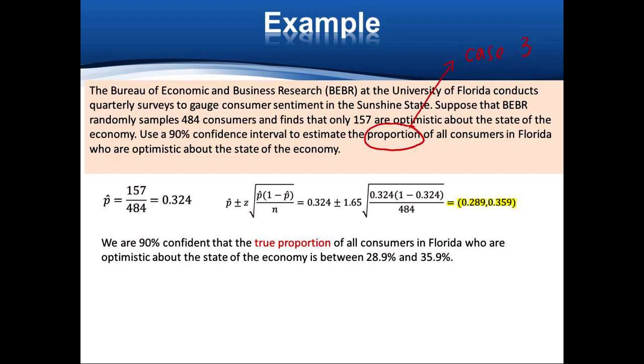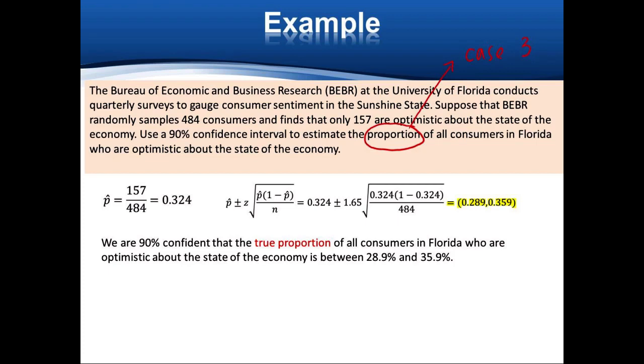Here is another example. The BEBR at the University of Florida conducts quarterly surveys to gauge consumer sentiment in the Sunshine State. Suppose that the BEBR randomly samples 484 consumers and finds that only 157 are optimistic about the state of the economy.